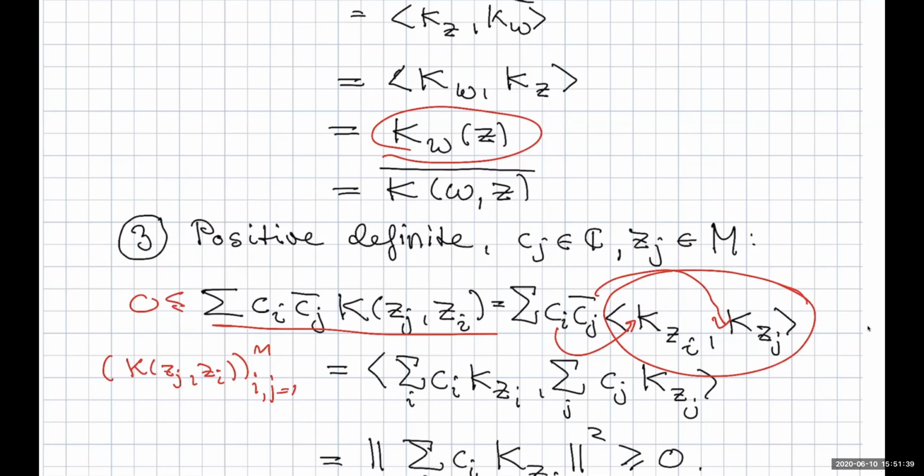It might be 0, so you divide out all the vectors of length 0. Completed, you have a Hilbert space. And this Hilbert space is a Hilbert space of functions, just by construction. It has a reproducing kernel, and the reproducing kernel is K. So between positive definite kernels and reproducing kernel Hilbert spaces, there is a bijection.